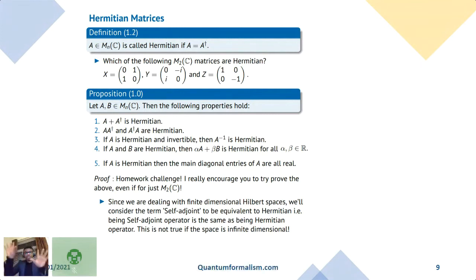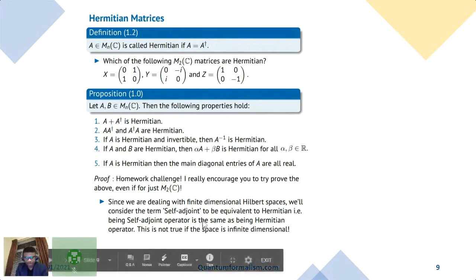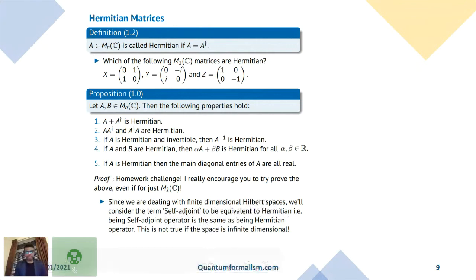There's some subtlety that you will not be able to understand until you have the language of functional analysis, because it requires talking about domains and other things we don't have the language for yet. They only coincide in definition if the Hilbert space is finite dimensional, which is what this module is all about. So when I say self-adjoint, I mean Hermitian.